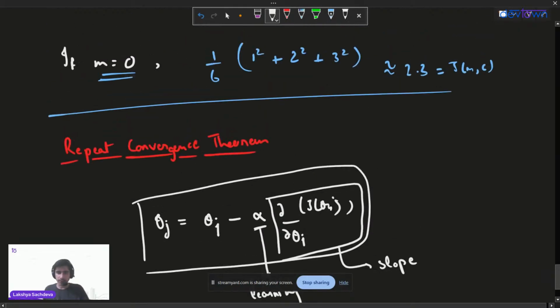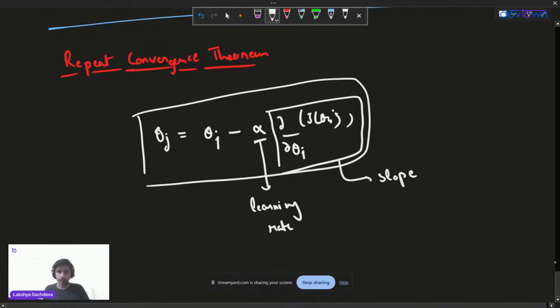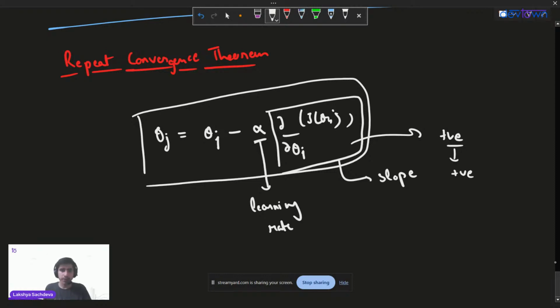So this value will be positive, and when alpha is multiplied, it still remains positive, which means a positive value is subtracted from theta j. Theta j is nothing but this point.